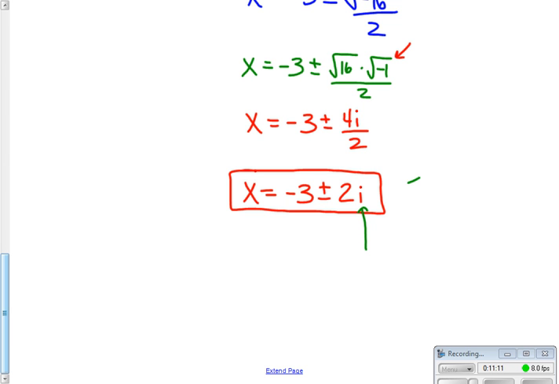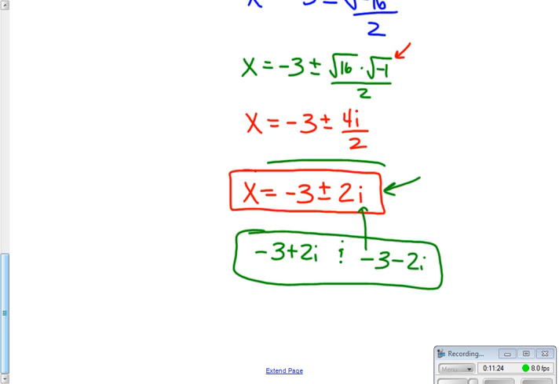I would write it exactly as I have it here. This is also a possibility: negative 3 minus 2i. That's basically what happened there. I would just go ahead and leave it as such, and that will cover everything. So those would be your imaginary intercepts. This will conclude lesson 48, discriminant and complex numbers.